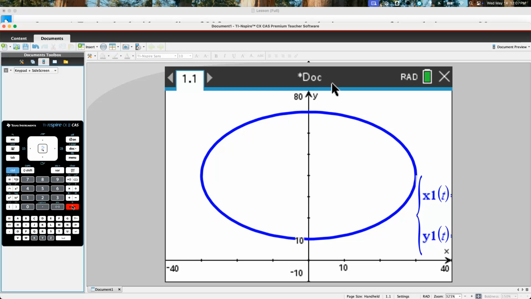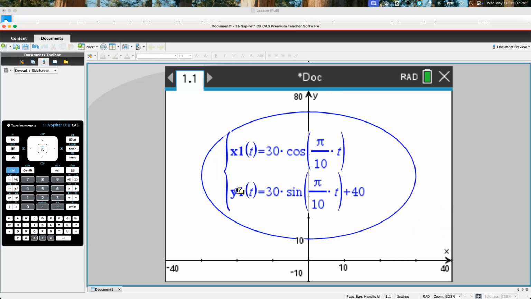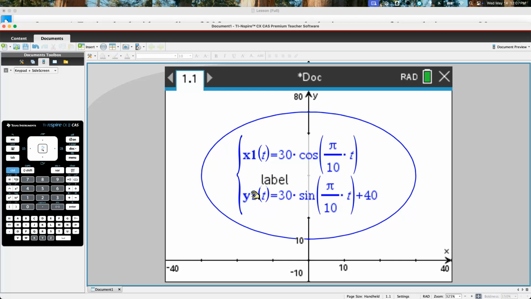When we graph it, it doesn't look circular. We know it's circular based off of the equation that we have, because our equation says that it is a circle. Just the aspect ratio of our viewing screen doesn't make it circular.